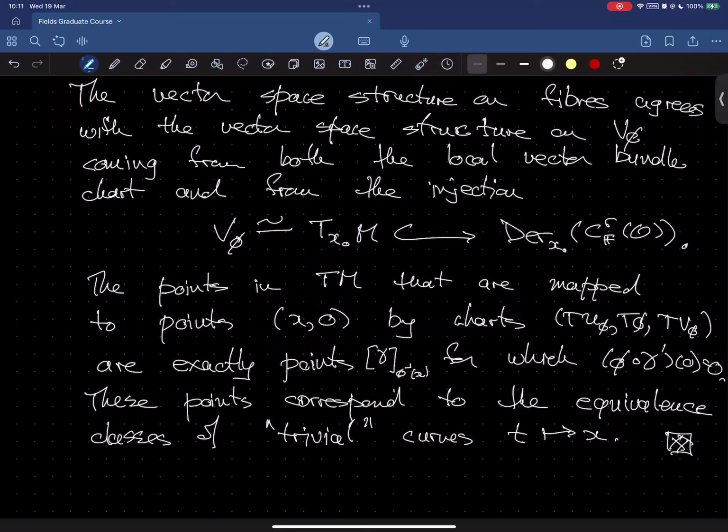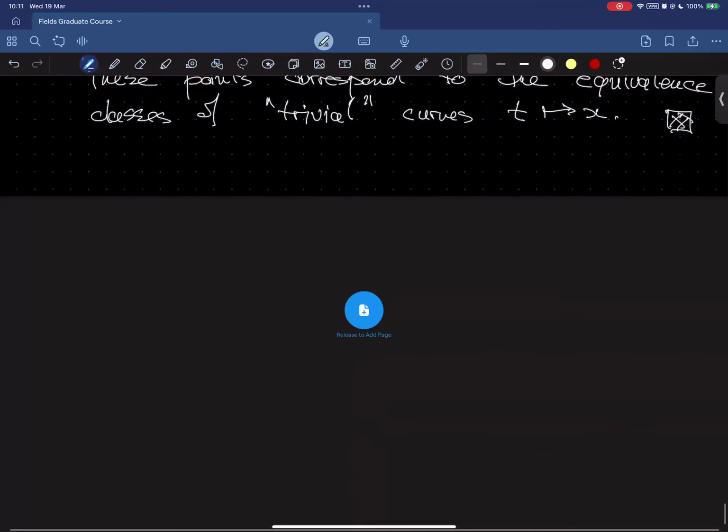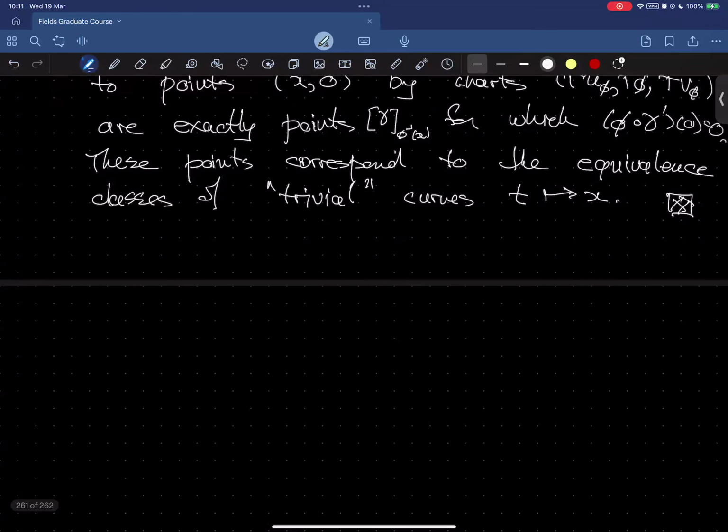Okay. So let's maybe look at some examples of tangent bundles. So often, the simplest place to start thinking about geometric concepts is to work with open subsets of locally convex spaces.